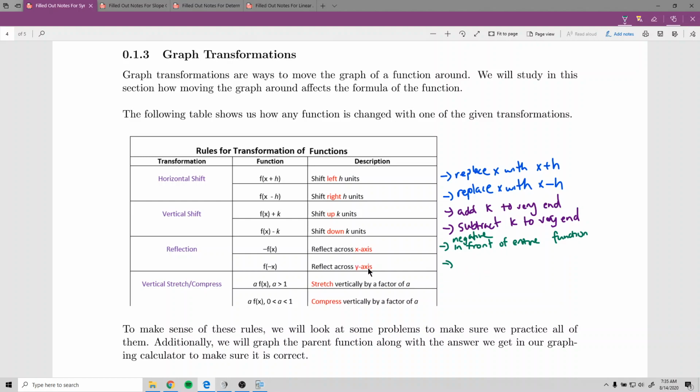And then if you want to reflect across the y-axis, the negative goes only on the x, but all the x's. You might have more than one x. You can also think about this one as replacing x with negative x.